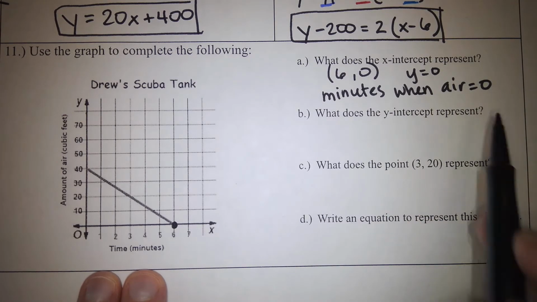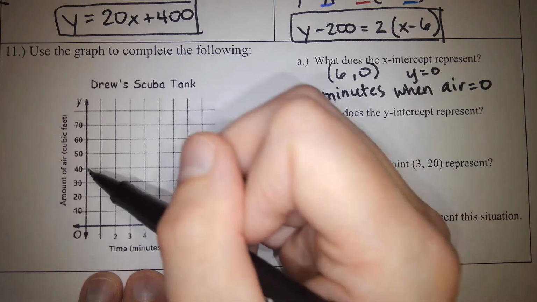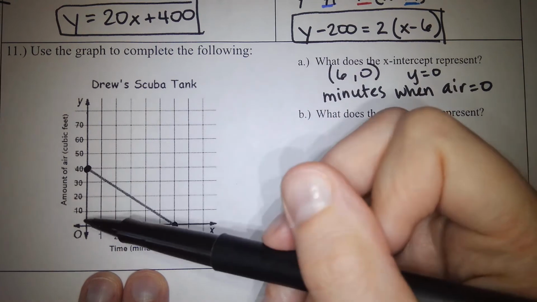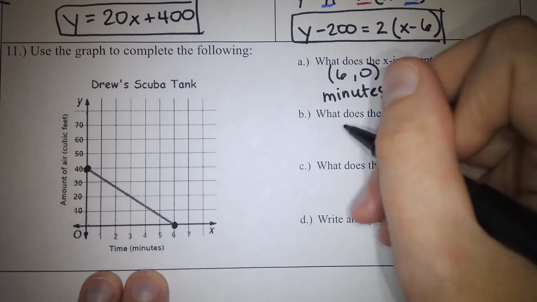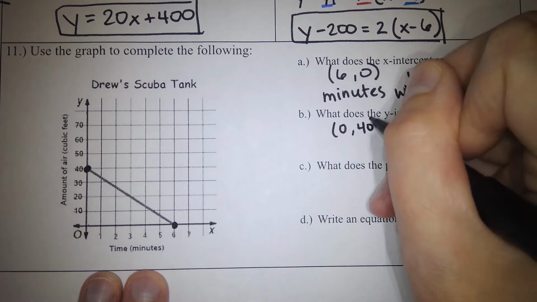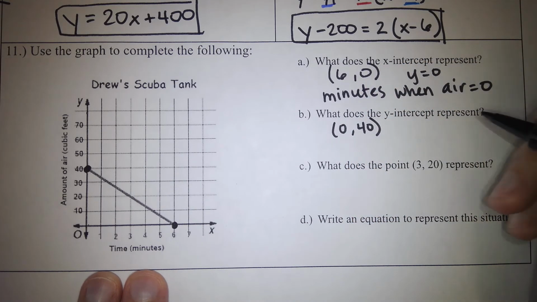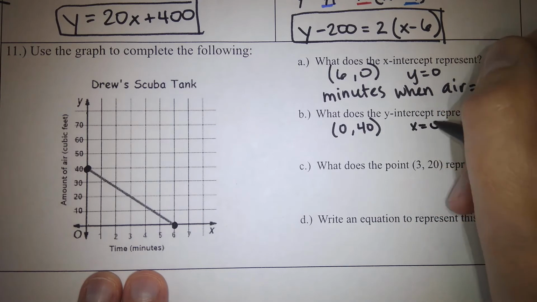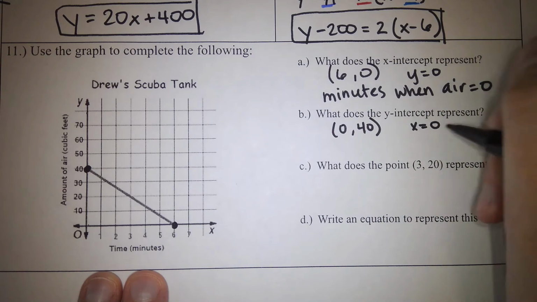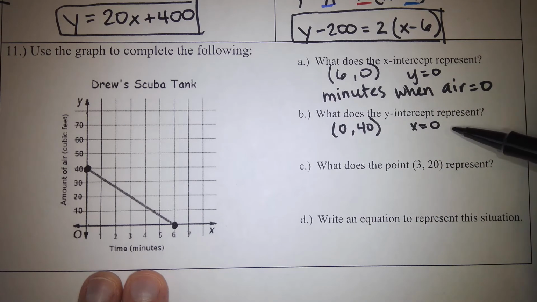So what does our Y-intercept represent? Well, let's see here. It's going to be over here. It's 0, 40. Remember, our Y-intercept always happens when X is equal to 0, my bad. So it always happens when your X is equal to 0.